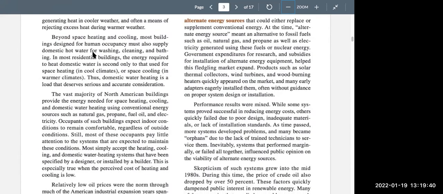So the textbook moves on and starts talking about domestic water heating, which is a big part of it, and it's an energy hog. Your biggest energy hog is going to be your heating system, whether you're using electric heat or natural gas or some other type of heat, same as with your air conditioning.